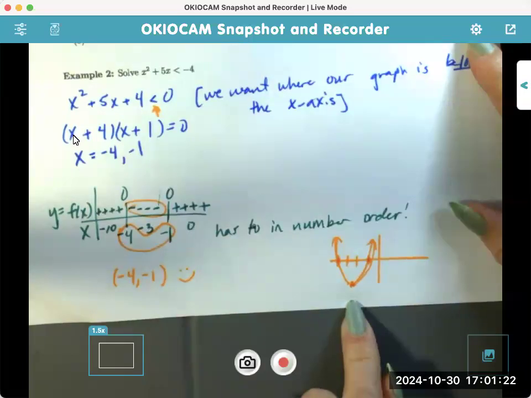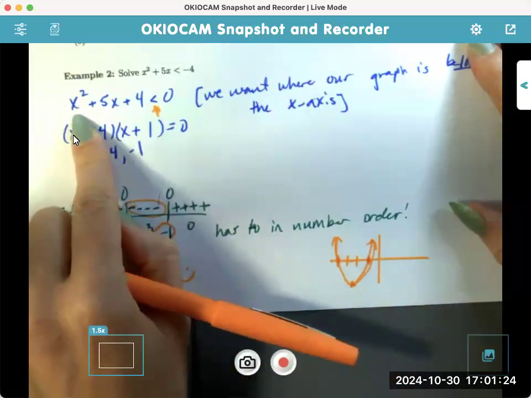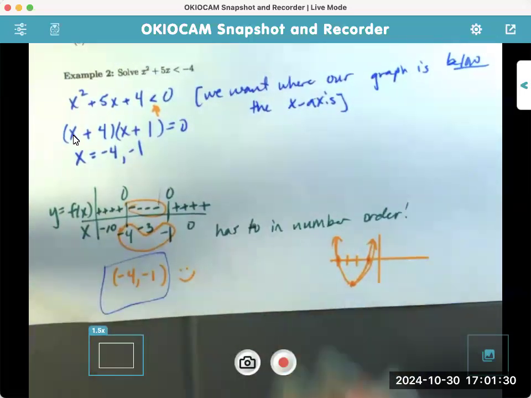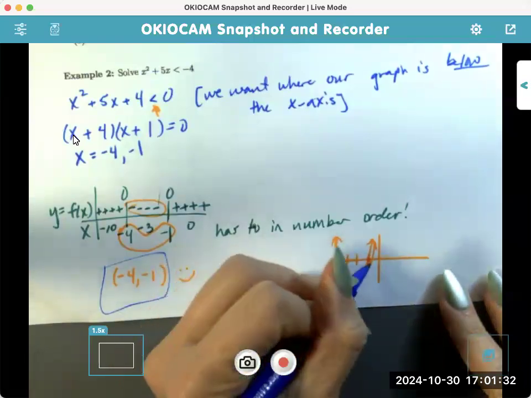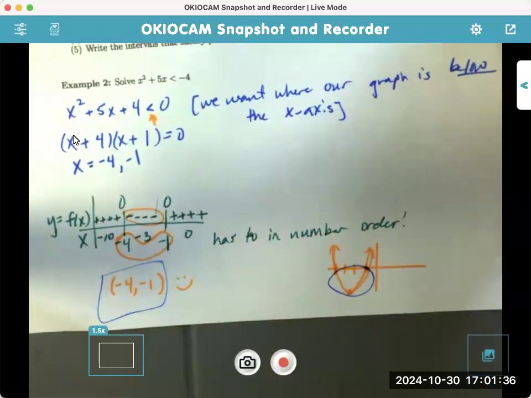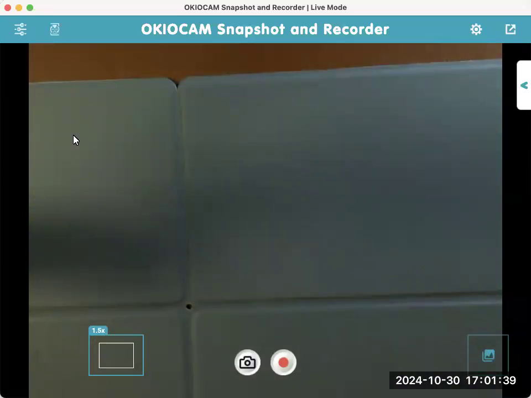And that I open up because I am a positive x squared. So this is the answer right here, the interval from -4 to -1, because this chunk right here is where we are below the x-axis. Yay!